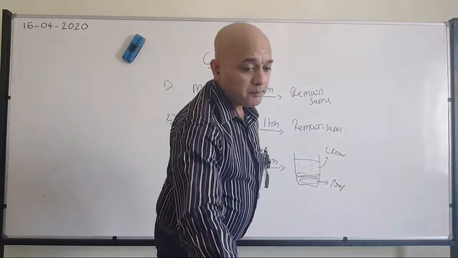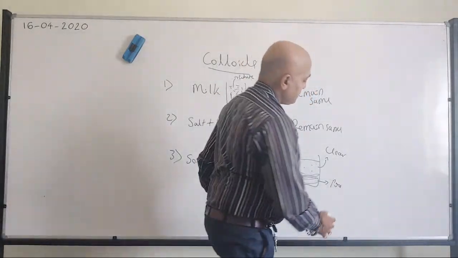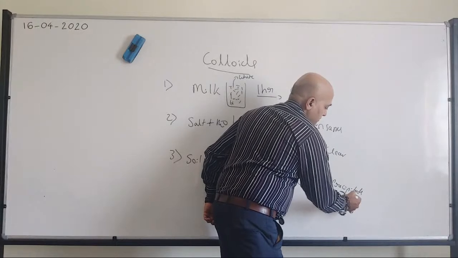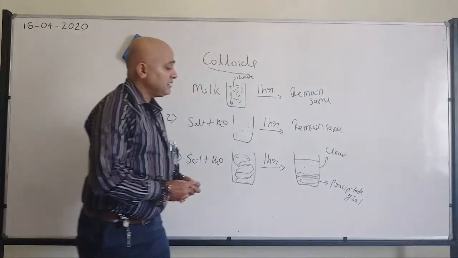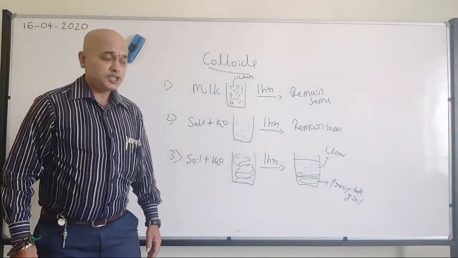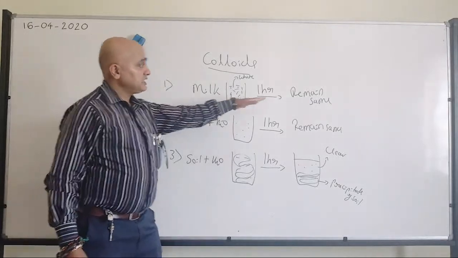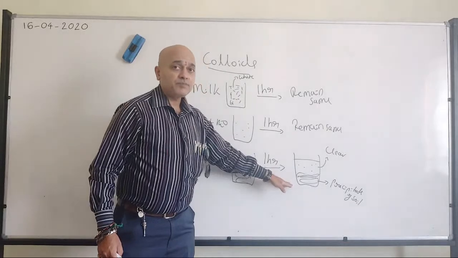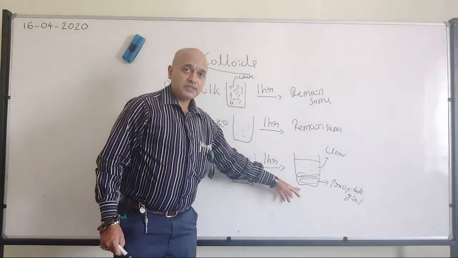There will be precipitate or deposition of salt at the bottom. Or I can tell, rather than precipitate, deposition of the soil which takes place at the bottom. So what is happening? The first is remaining the same, the second is also remaining the same, but here there is a difference compared to the first and second, right?